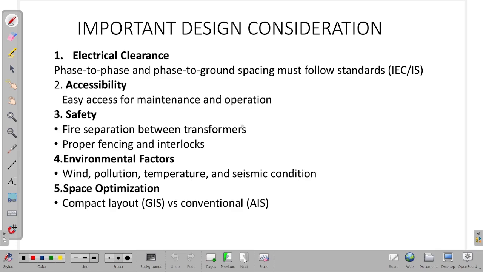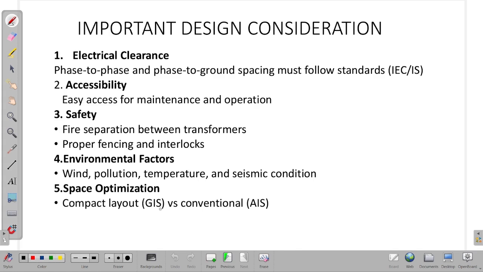And safety will be prioritized for the substation. Fire separation between the transformers should be properly maintained. Proper fencing and interlocks should be operative. And environmental factors, wind, pollution, temperature and seismic conditions, are to be considered during the substation layout design.